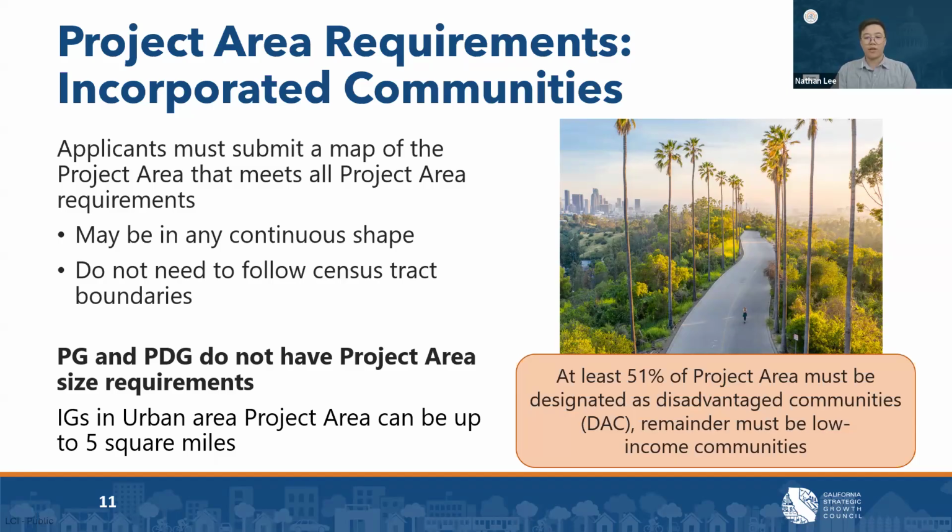To determine if your project area meets the minimum DAC eligibility requirements and all other project eligibility, review Section 3.3 of the guidelines. If you are using the TCC developed mapping tool to determine project area eligibility, the mapping tool only shows areas that are eligible DACs.